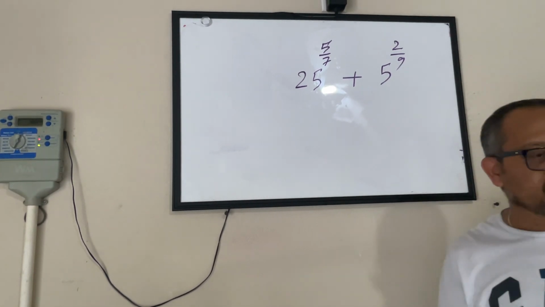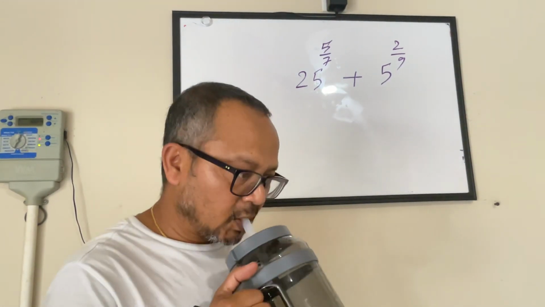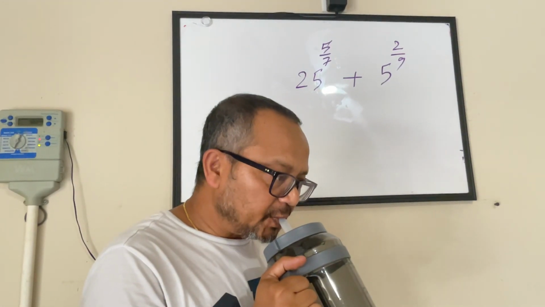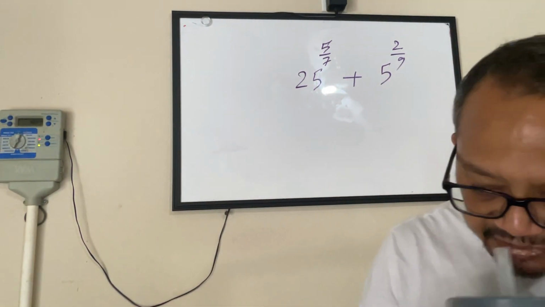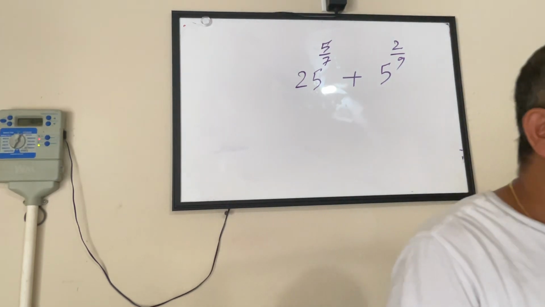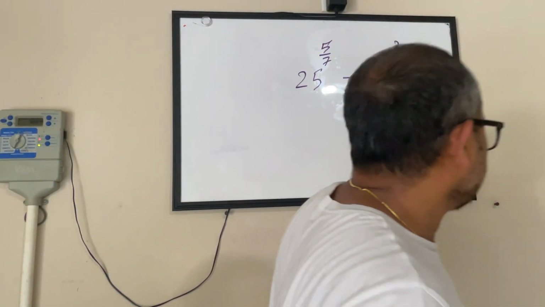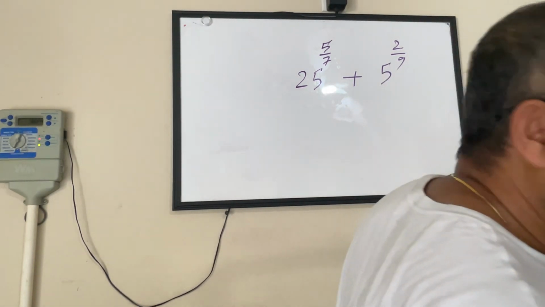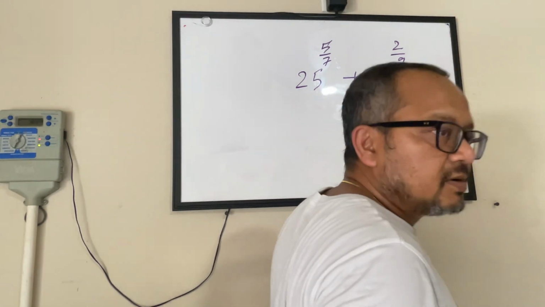The most simplified form. Say that one more time, Babu. It's 5 square root 25 over this power.